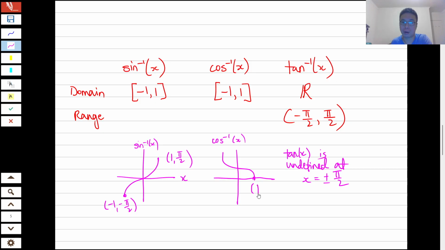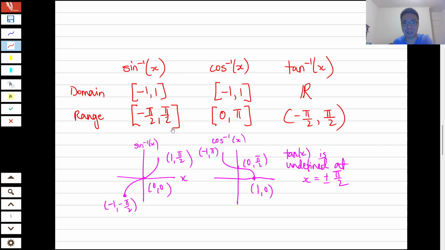So (1, 0), and (-1, pi), (0, pi/2). So you can see that the range of inverse cosine is 0 to pi, whereas the range for inverse sine is -pi/2 to pi/2. So please just note this carefully.